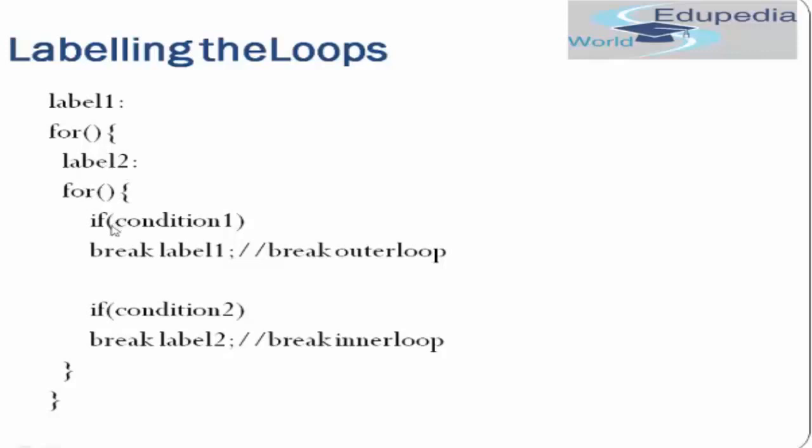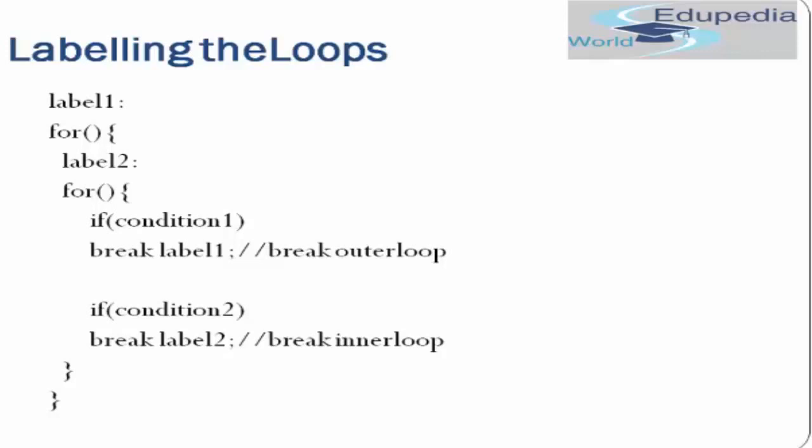Then I'm writing an if condition 1. Whatever the condition is, if that is true, then I'm doing break label 1. So over here, just check it out, I'm breaking from the outer loop. If I simply write break, then it will break from the inner loop, that is label 2. But I want to break from the outer loop and go outside both the loops. That's why I'm using label 1 over here.